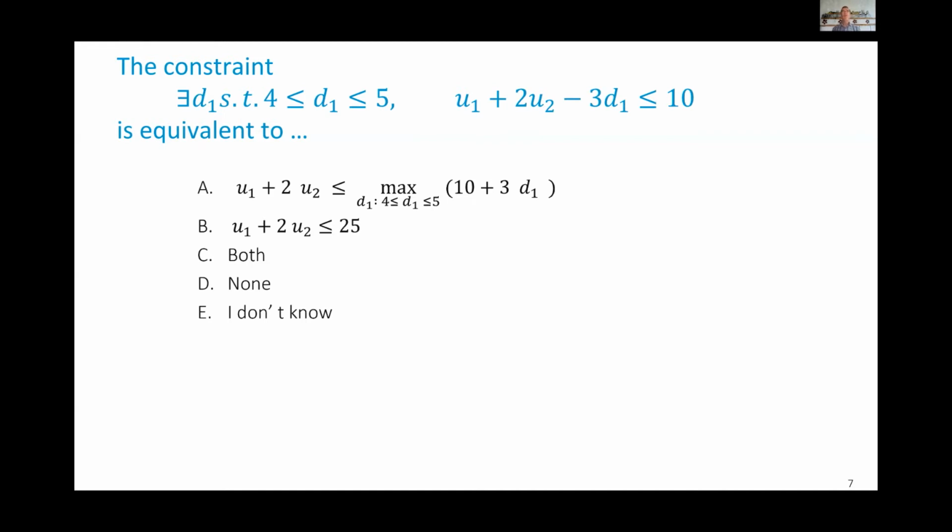I close the poll in a few seconds. And the majority says C, which is indeed the correct statement.